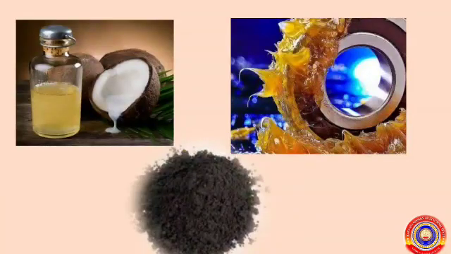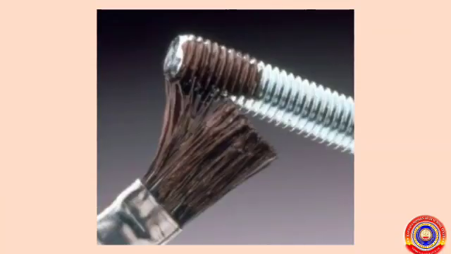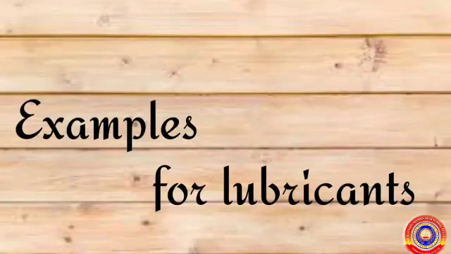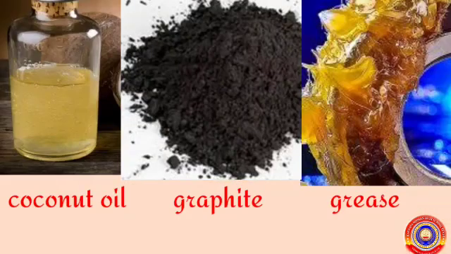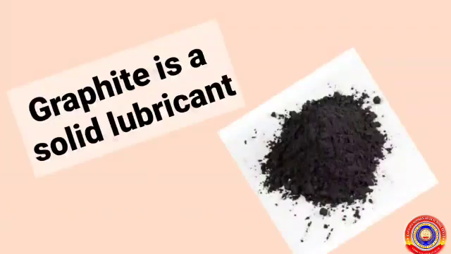Oil, grease, graphite are used as lubricants. A thin layer formed between the surfaces helps to minimize friction. The movement of the parts becomes easy. Examples of lubricants: coconut oil, grease and graphite. Among these, graphite is a solid lubricant.